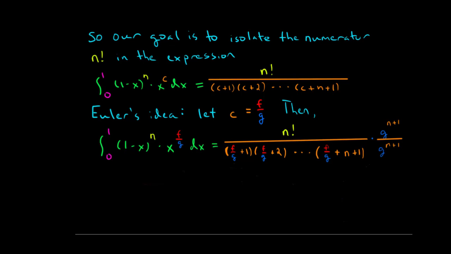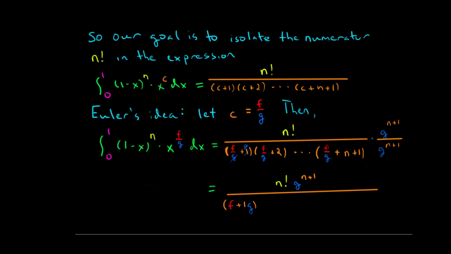So when we do that, in our numerator, we just end up with n factorial times g to the n plus 1. But in our denominator, something very nice happens. We had n plus 1 terms in our denominator, and we're multiplying it by g to the n plus 1. So each g takes care of the terms in one of those binomials. So for example, the first one becomes f plus 1 times g.